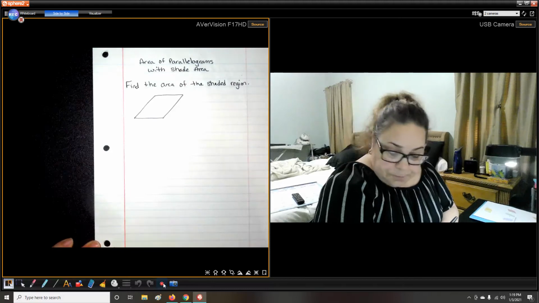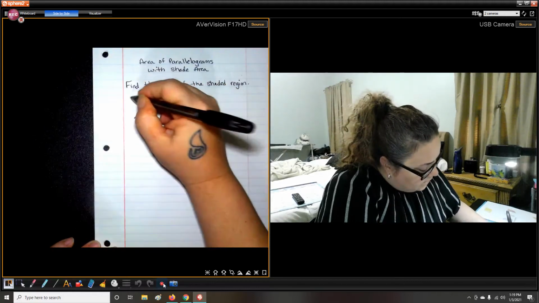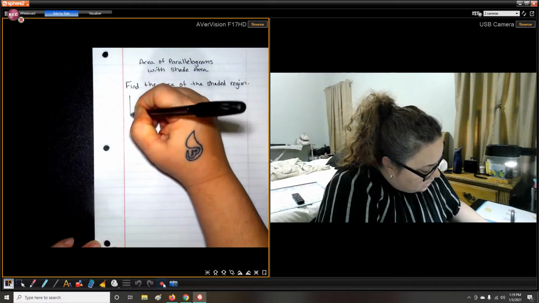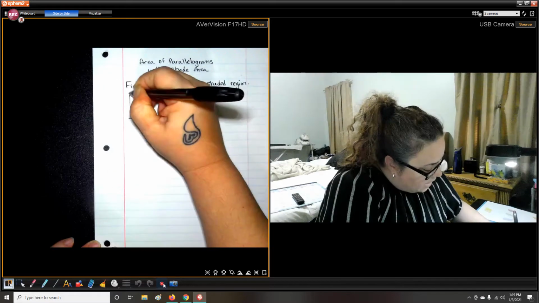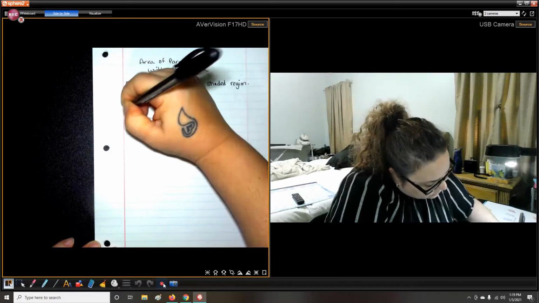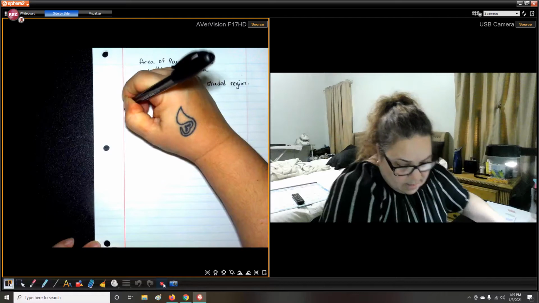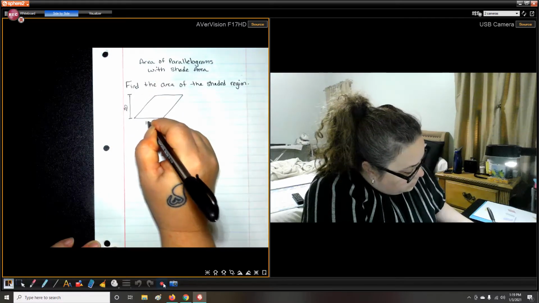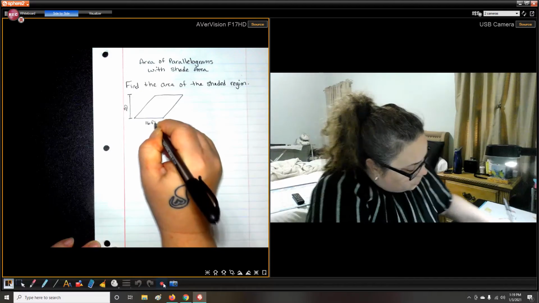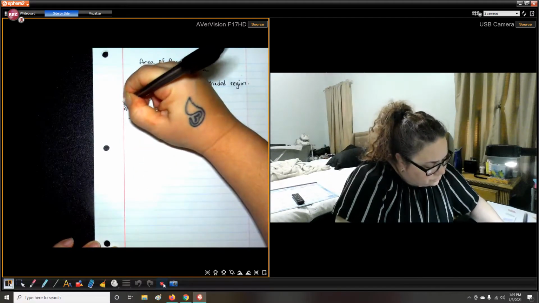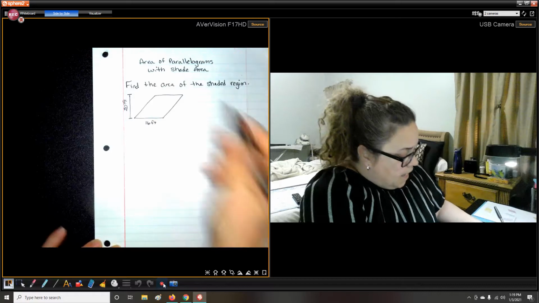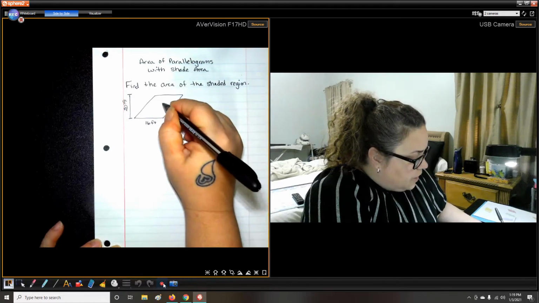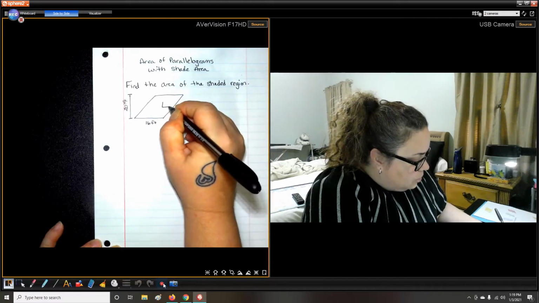And since it is a parallelogram, we need the height, and we need the width. Let's go ahead and say these are feet. Okay? And then in the middle over here somewhere, we're going to draw a rectangle.